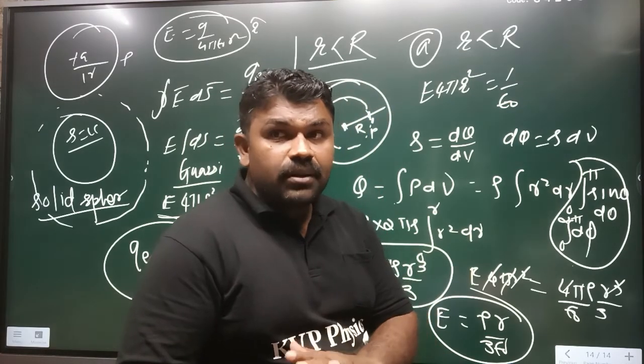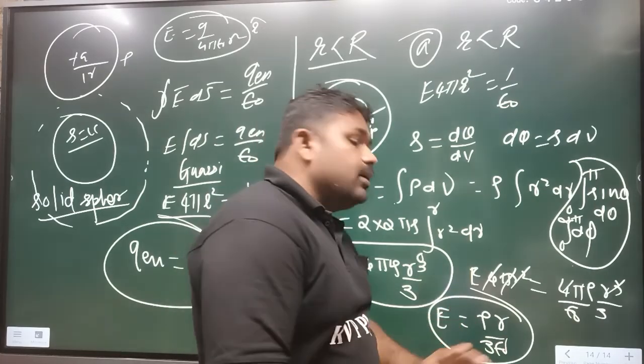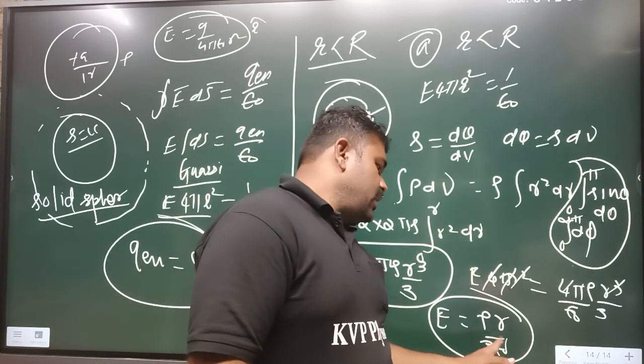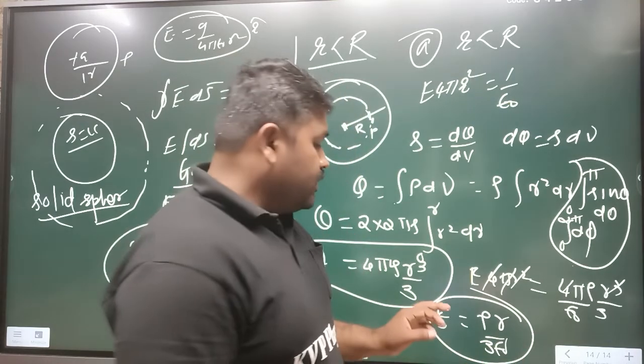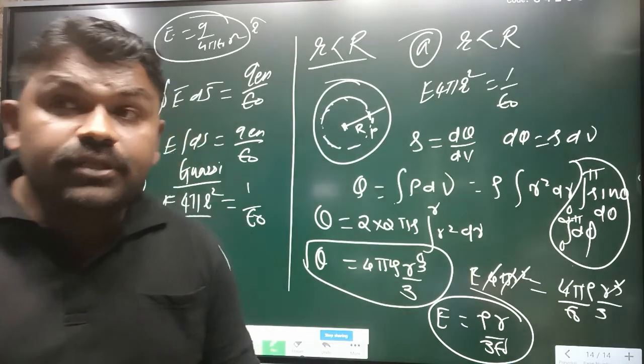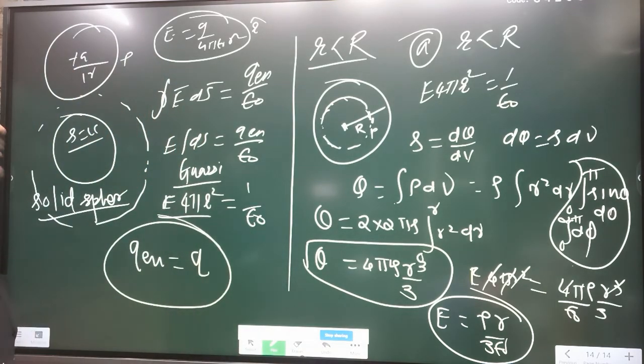Does it depend upon 3? No, this is also constant. Epsilon naught is constant. Means E only depends upon r, which is changing. What happened? The field changes. r is changing. Why does it change?